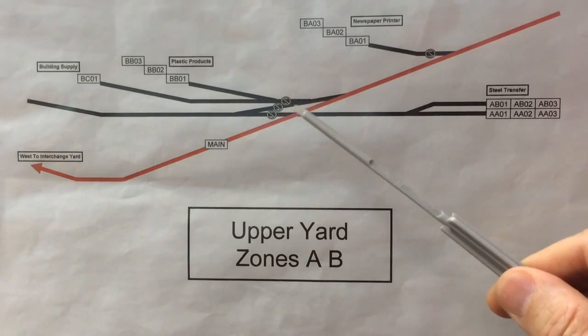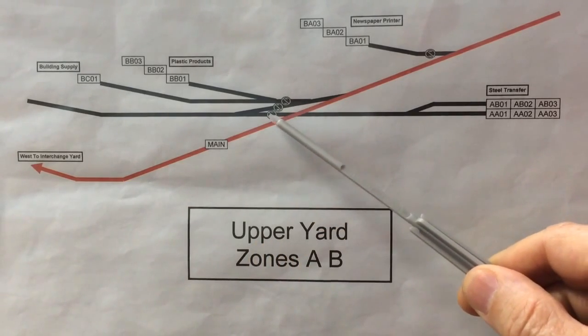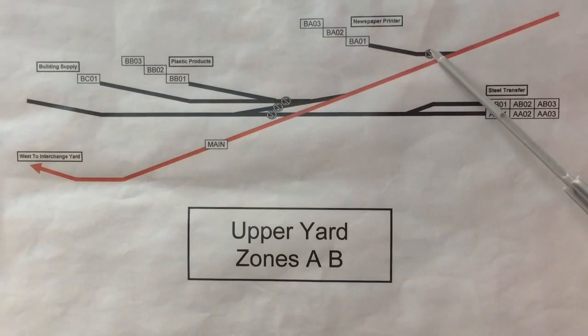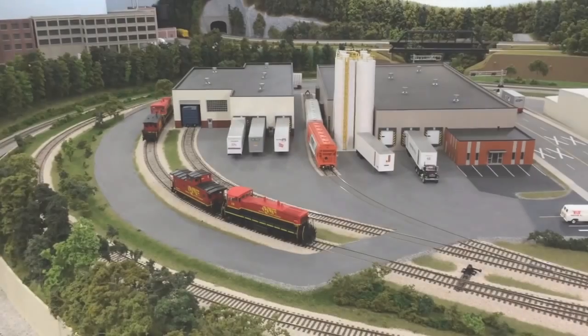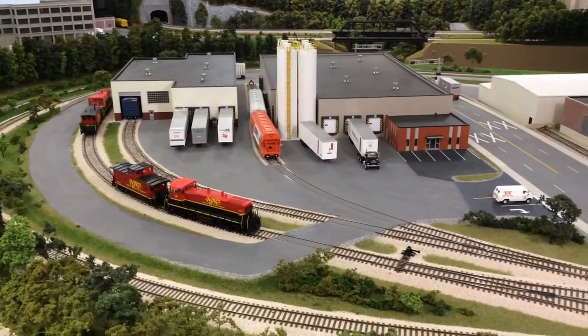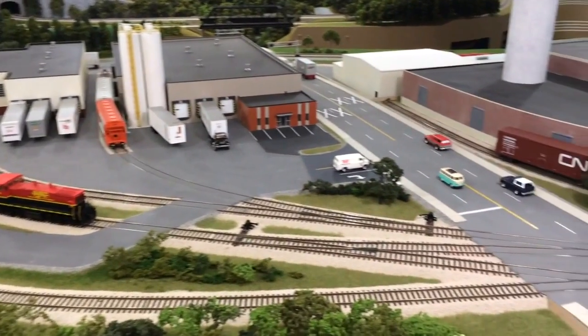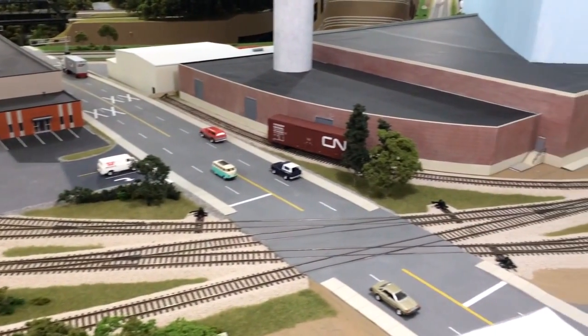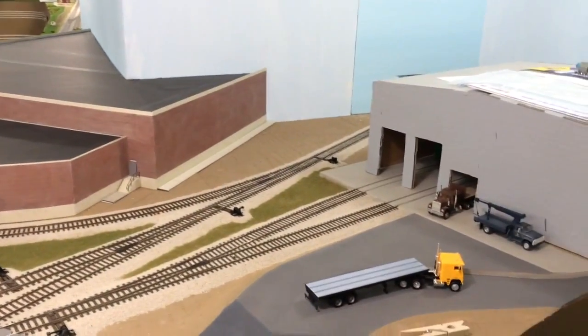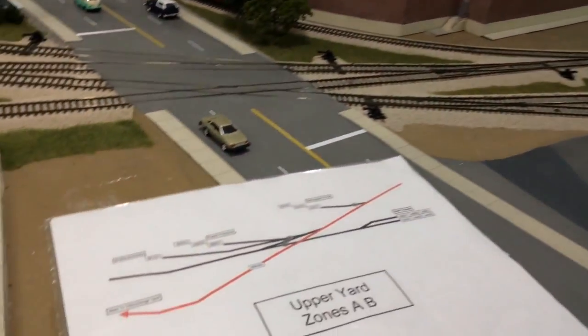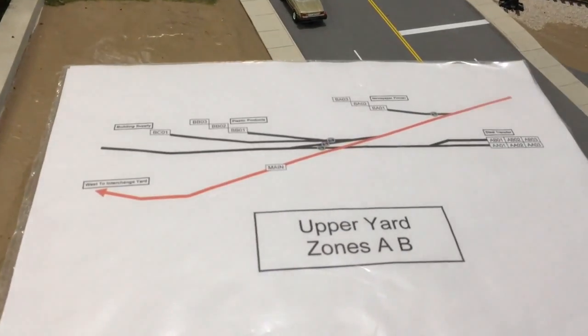We also show on this diagram locations of hidden uncouplers that can help when it's hard to reach using an uncoupling stick. Here's a bird's eye view of the entire upper industrial zone. And you can see that it generally matches what we showed on the schematic here.